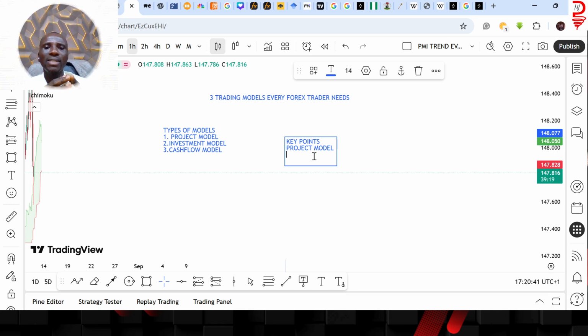At Potential Miners International, what we do with an account like this, trading the project model, is that we load the account and we trade it for a period of 9 to 12 months. Because on this account, the designated wave that we trade is the monthly wave.